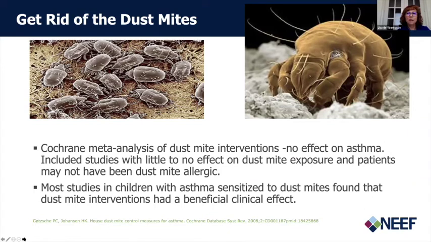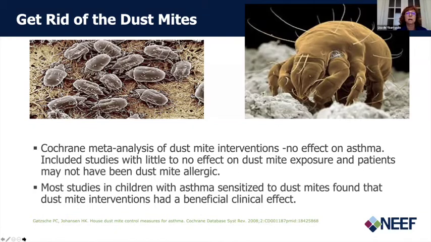Okay, let's talk about these critters, dust mites. The dust mite allergens come from larger particles. They don't remain in the air for very long because they are large, and they come from the proteins from both the feces and also decaying body parts of the dust mite. 30 to 62% of children with persistent asthma are sensitized to dust mites.